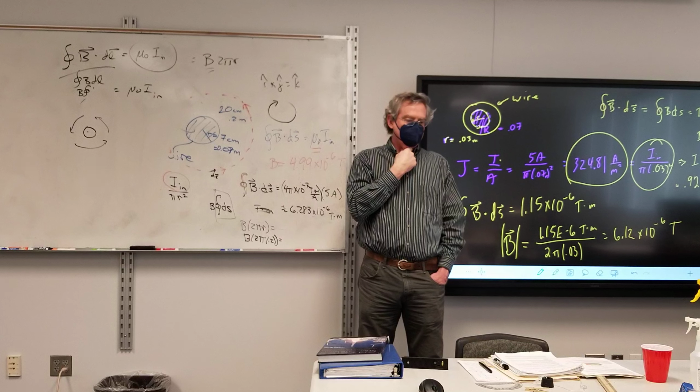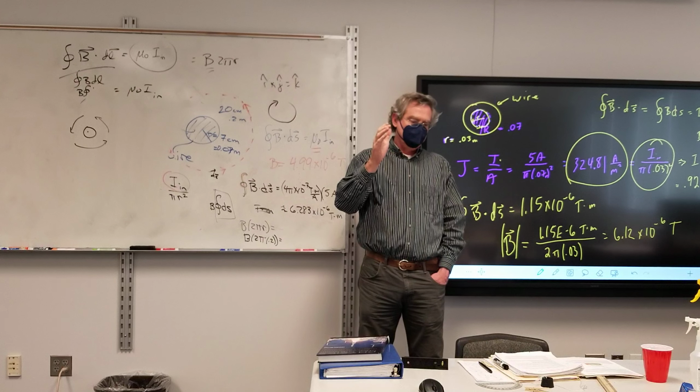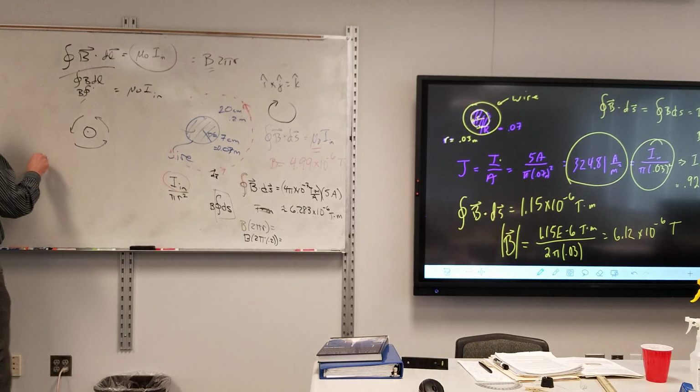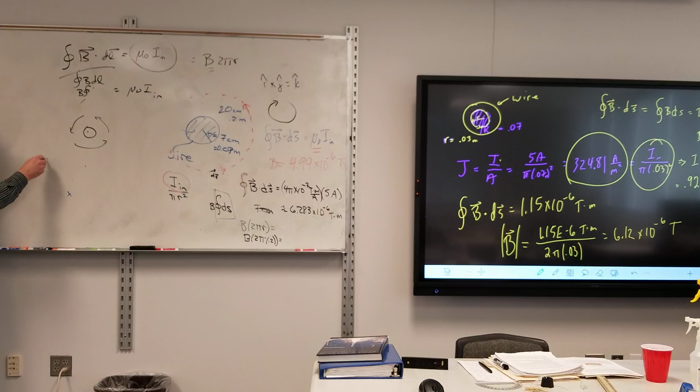Remember, the magnetic field is determined using the right-hand rule. If I've got, just take 3 of them here. This one at the center is a magnetic field going that way.